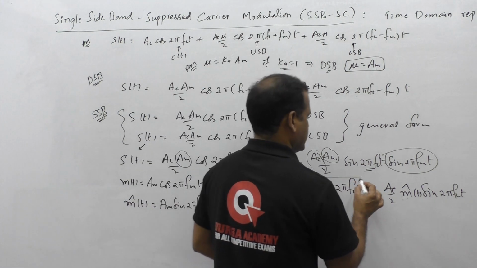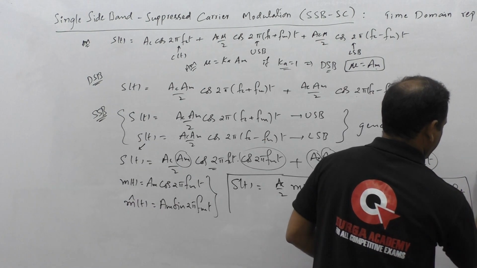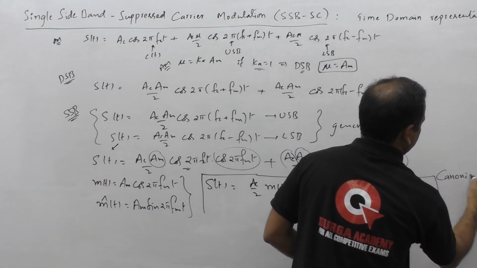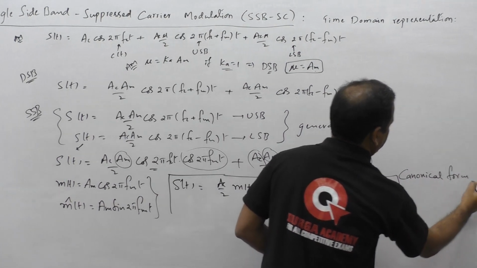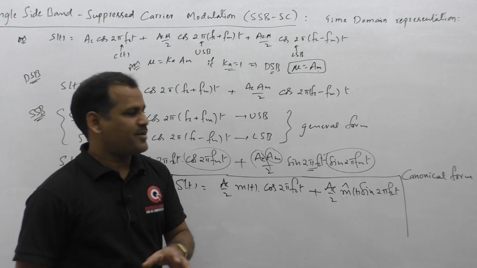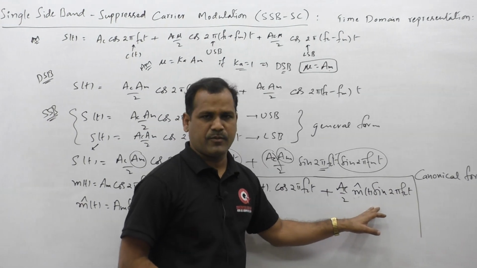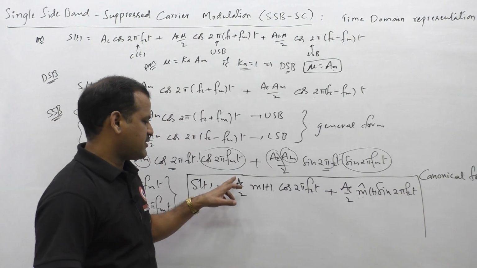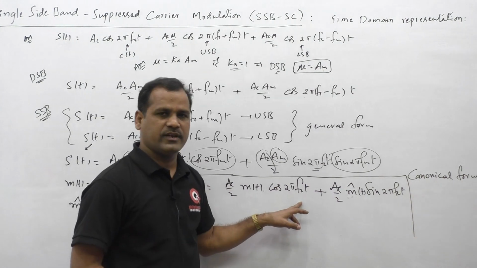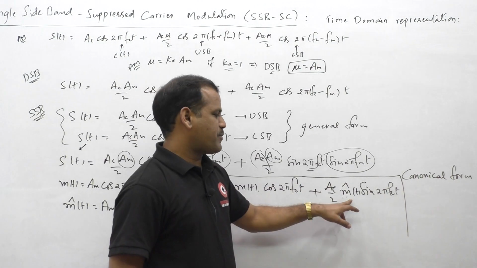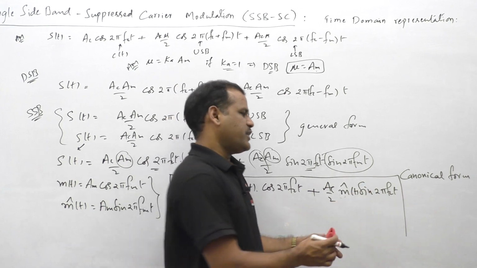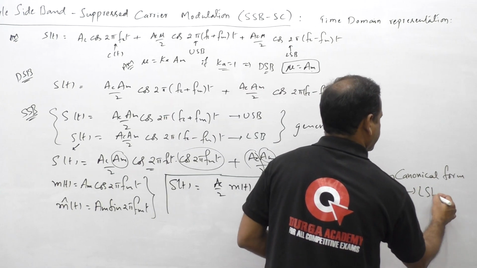We are getting the canonical form of the SSB signal like this. The standard or canonical form of the SSB signal in the time domain is s(t) equal to Ac by 2 m(t) cos 2 pi fc t plus Ac by 2 m cap of t sin 2 pi fc t, if it is of LSB type.